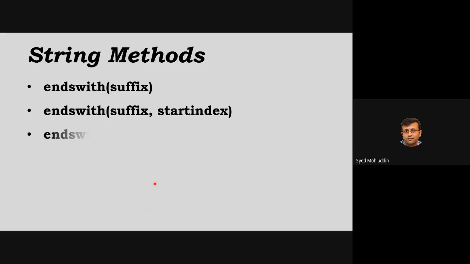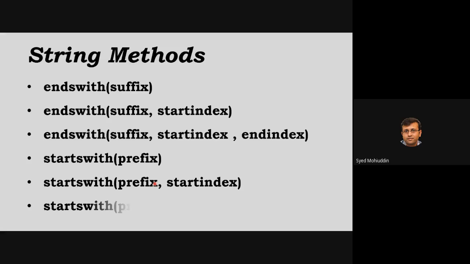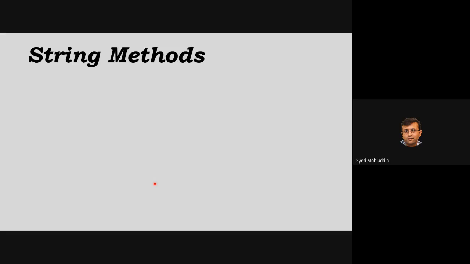The same way we have startswith, where we provide a prefix or a substring, and it returns true if the string starts with that prefix or substring. Endswith as well as startswith can also be applied using slicing, that is, using the start index as well as the end index.